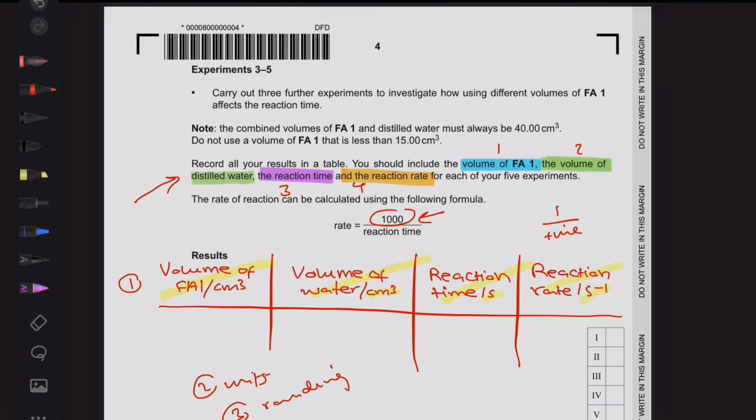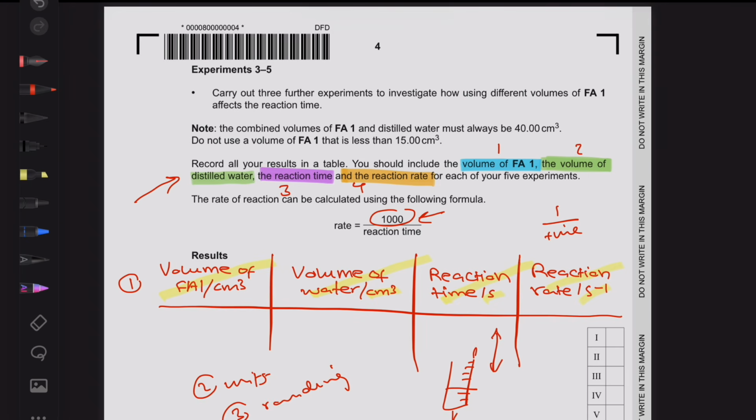Another mark is rounding. Now, you need to make sure that when you're giving your results, you're producing results that are reasonable. So when it comes to the devices you use, the apparatus that you use, there's limitations. So, for example, if we're using a burette, your graduations limit you. You can't give your answer to the nearest 3 decimals, because frankly you can't read to the nearest 3 decimals. So in this case, the time needed to either be recorded to the nearest second, for example, and there has to be consistency throughout.